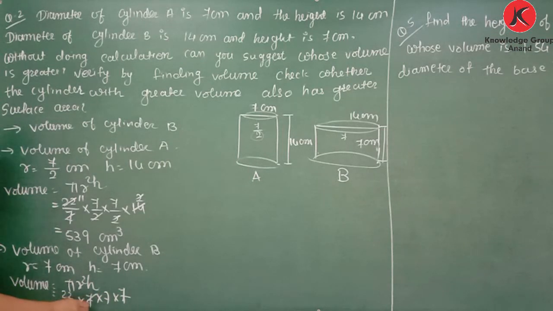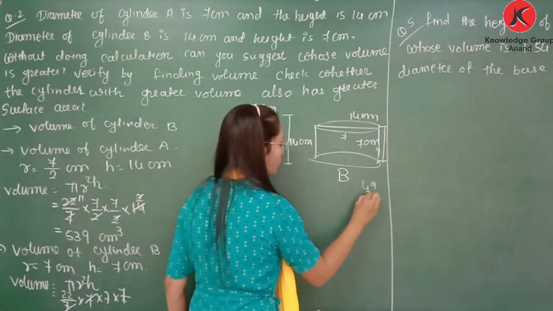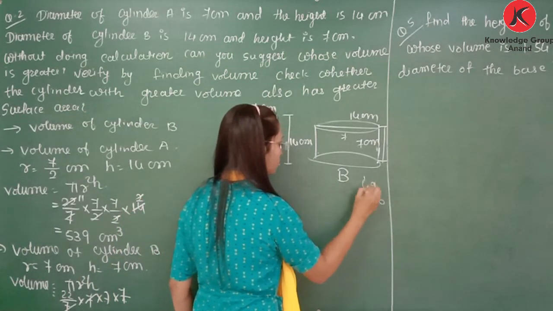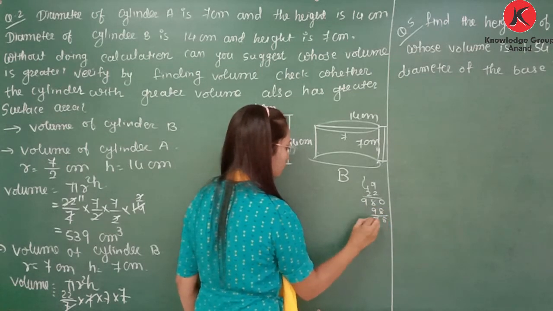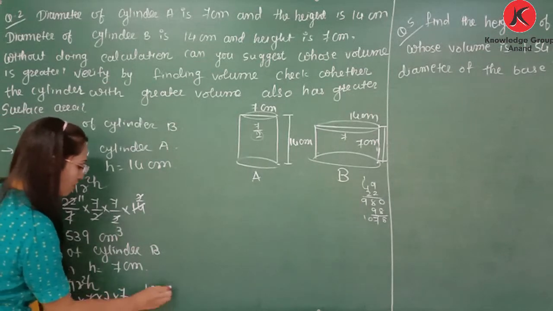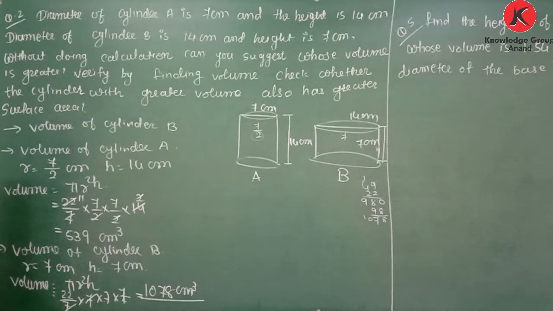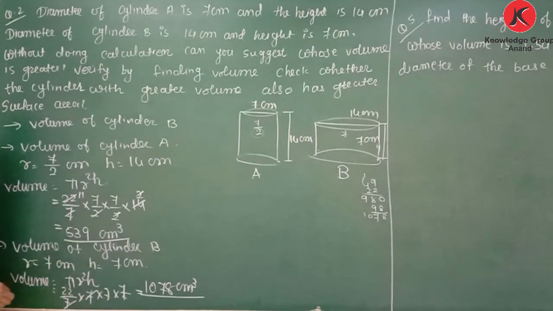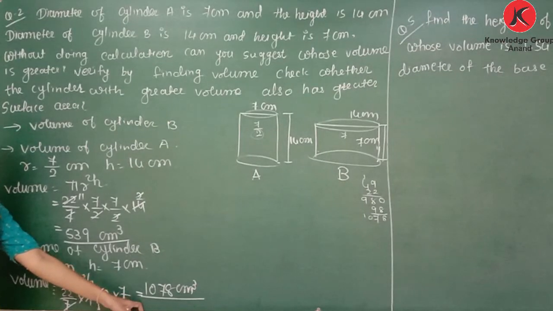So 7 7 cancel, 7 7 is 49 multiplied by 22. So it is 1078 centimeter cube. Now this is the volume of cylinder B, this is the volume of cylinder A. So you can see the volume of cylinder B is greater.